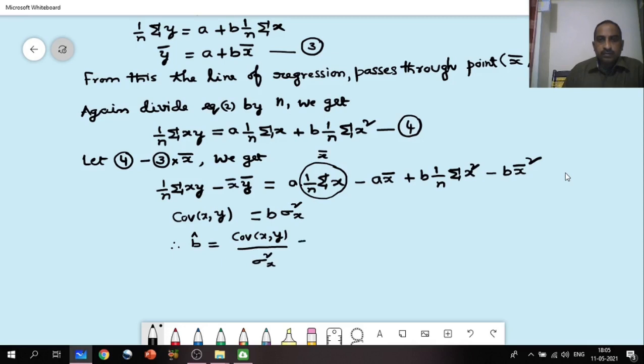So if you simplify some more, you know that the correlation coefficient, defined by Karl Pearson, is covariance of xy divided by standard deviation of x into standard deviation of y. So instead of covariance of xy, I can write r into sigma x into sigma y, divided by sigma square x, right?